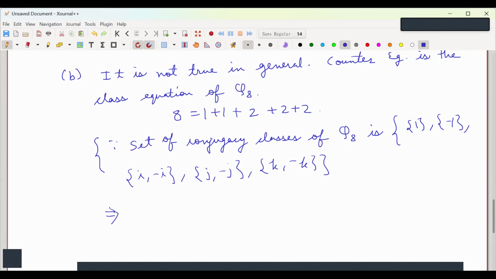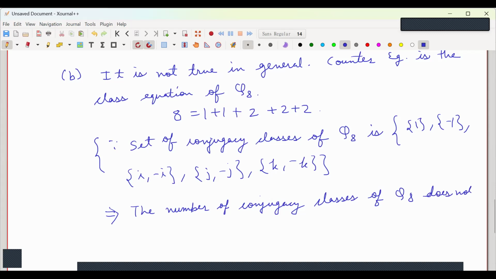And this implies the number of conjugacy classes of Q8 does not divide the size of Q8, right?